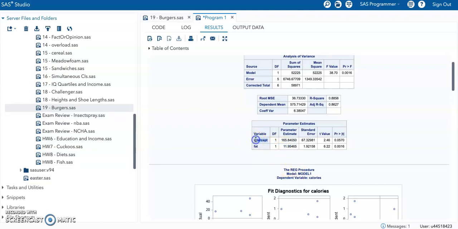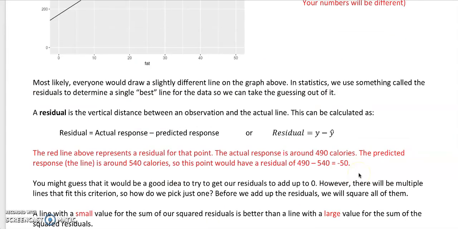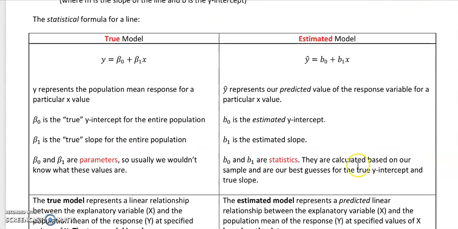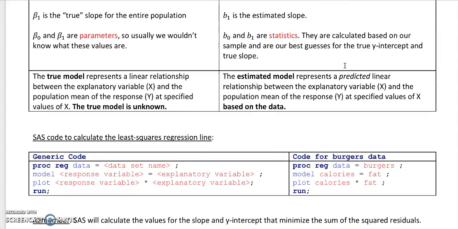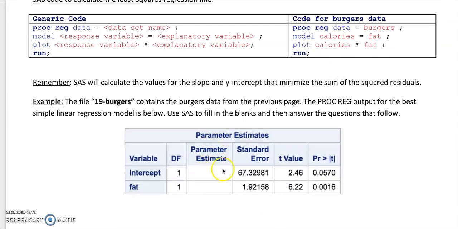So it looks like this first row is my y-intercept. The second row is my slope. Now it says fat because that's the explanatory variable that I'm multiplying my slope by. So right here you can see that it's b1 times my explanatory variable. And so I could fill in these two boxes with what I had there.